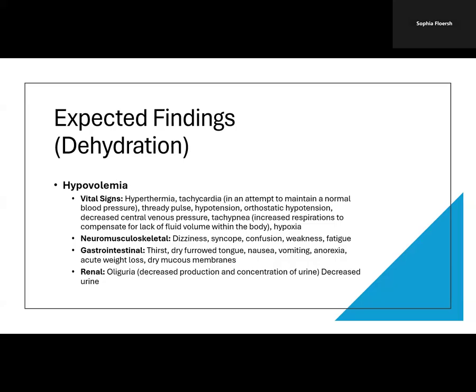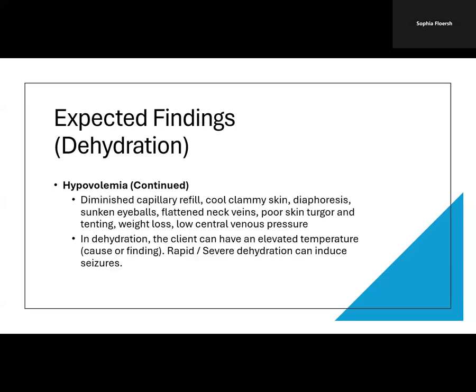Neuromusculoskeletal: dizziness, syncopal, confusion, weakness, fatigue; gastrointestinal: thirst, that dry mucous membrane again; nausea, vomiting; renal: decreased urine output. All these things are things you want to look for. Diminished capillary refill and dehydration. Client can have elevated temperature. Rapid or severe dehydration can induce seizures.